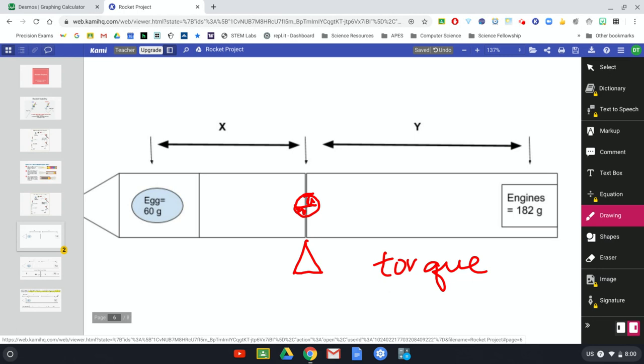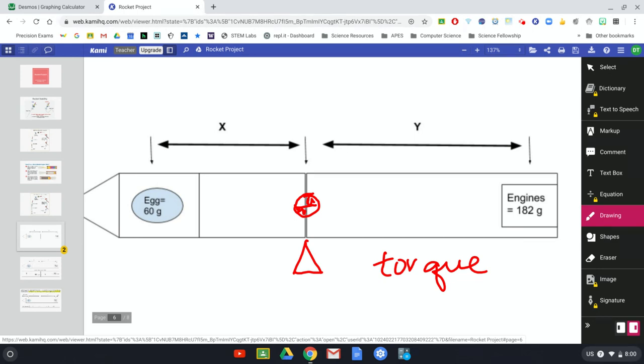And there's two things that go into measuring torque. So basically what we want is the torque on the left-hand side of the fulcrum to be the same as the torque on the right-hand side of the fulcrum, so that overall there's no movement. The two things equal out and they're at equilibrium.